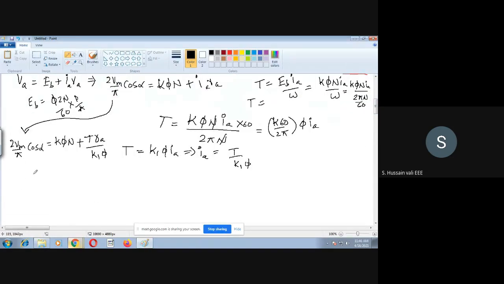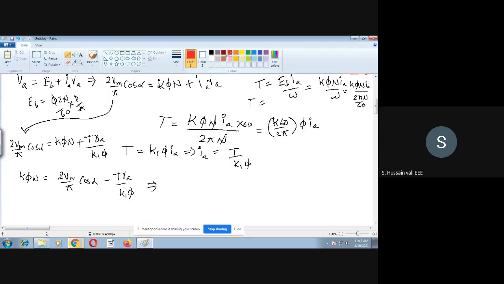Then we will send everything towards the right hand side. So k phi n is equal to 2Vm by pi into cos alpha minus T into Ra by k1 phi. Then you can find out n from this.